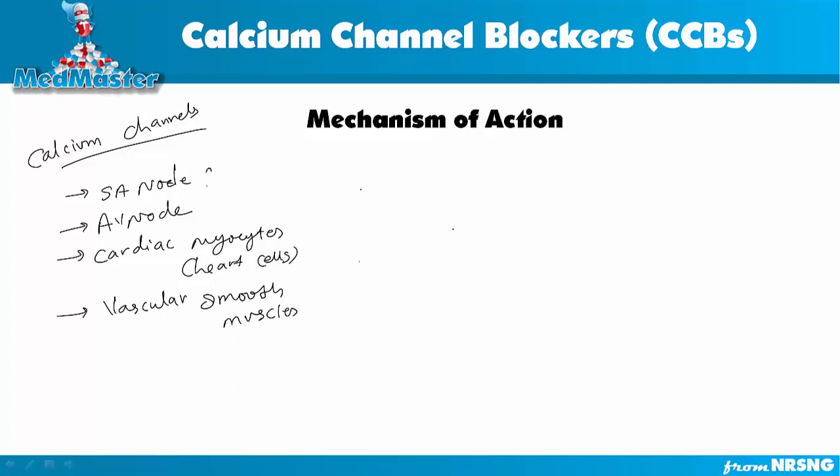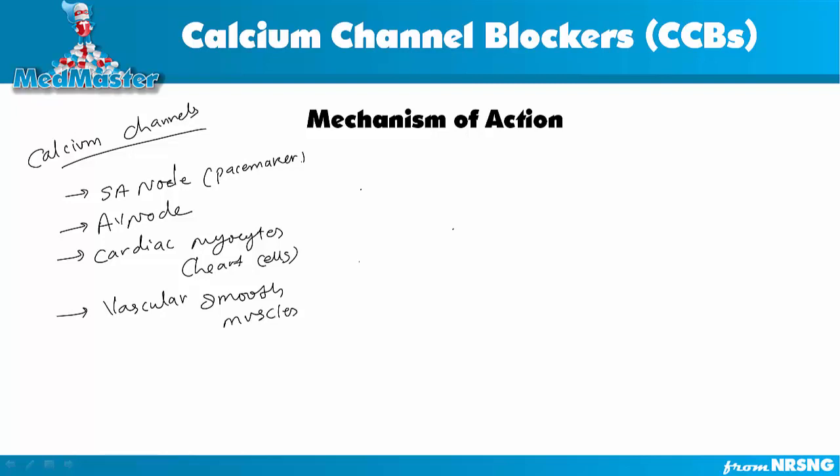Now the SA node, as we know, is a pacemaker. So what is the function of this calcium channel in the SA node, AV node, cardiac myocytes, and vascular smooth muscles? They all have a calcium channel.